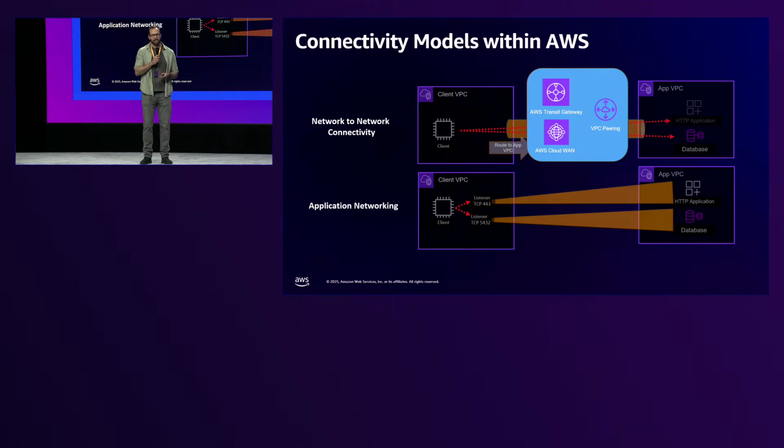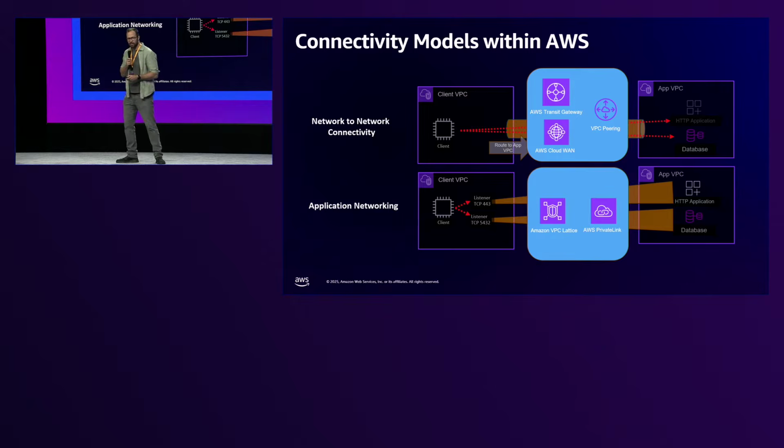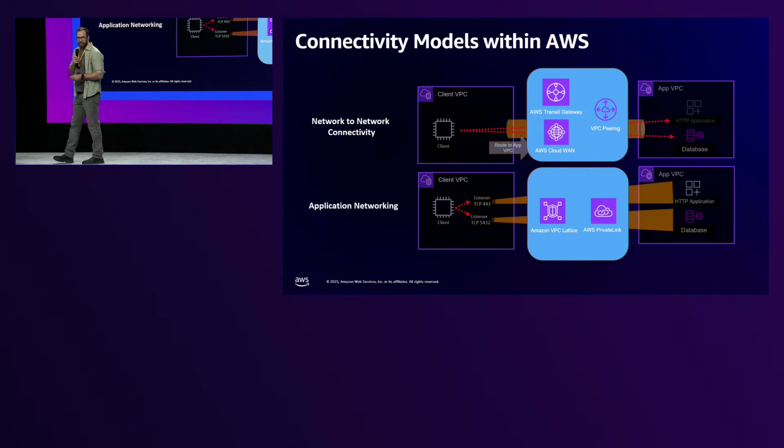If we overlay some of the services that facilitate each of those connectivity models, for network-to-network connectivity there will be constructs like the Transit Gateway or Cloud WAN, which are distributed routing services inside AWS, or VPC peering, which is probably the simplest one, and actually looks like that pipe that I showed you. For application networking, we're going to look at Amazon VPC Lattice, as well as AWS PrivateLink.